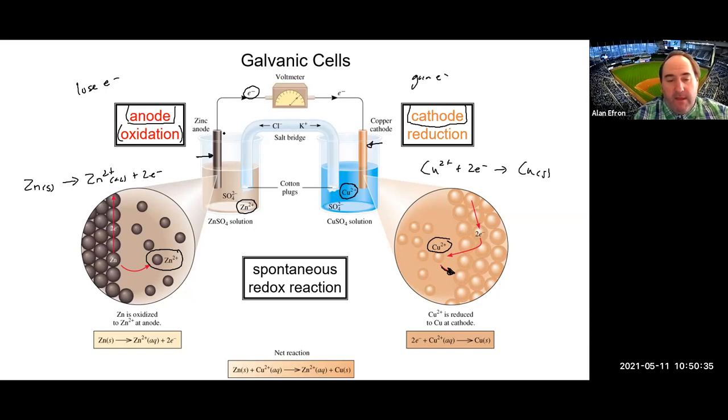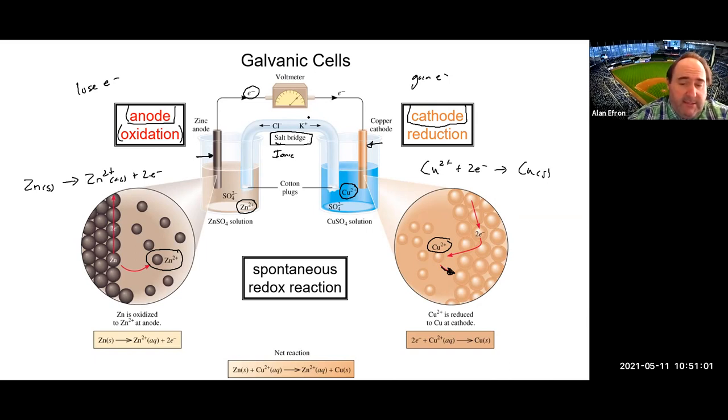Now, if we ran a galvanic cell like this and did not have this piece connecting it, which is another very important part of a galvanic cell, this is what is known as a salt bridge. A salt bridge connects both sides of the galvanic cell. It is usually filled with some type of ionic compound, like we see in this example, potassium chloride.